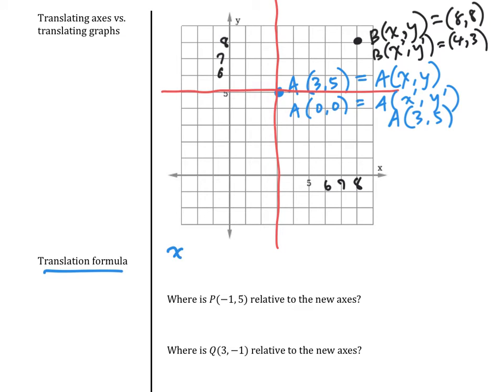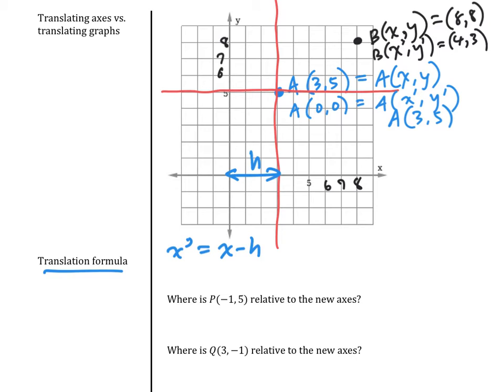In the new axis, that is x minus h. All right, what is h? If you remember from moving things around horizontally and vertically, h is the horizontal movement to the new axis from the old one.